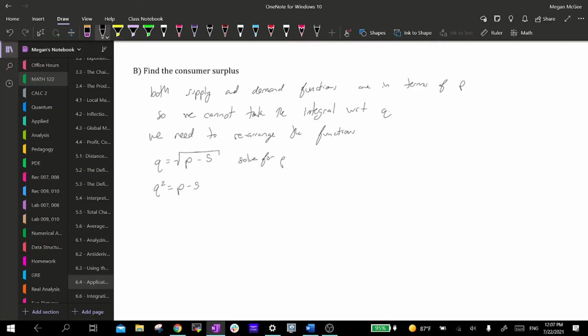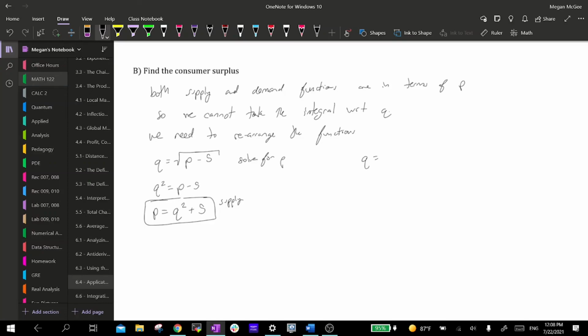Add 5 over, and we get P is equal to Q squared plus 5. So we have a new supply function. Okay? And we'll do the same thing for our demand function.